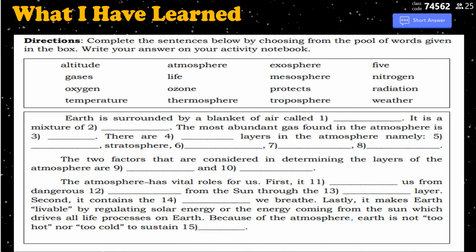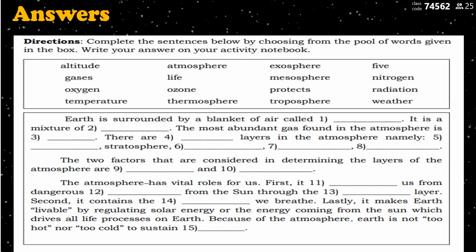What I've learned. Directions: complete the sentences below by choosing from the pool of words in the box. Write your answer. Okay, so it is 1 to 15. Earth is surrounded by a blanket of air called atmosphere. It is a mixture of gases.